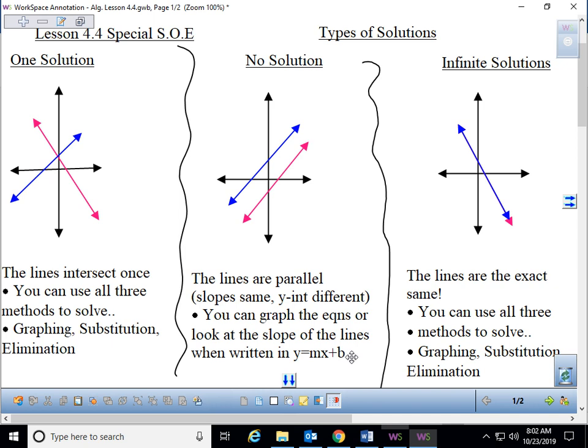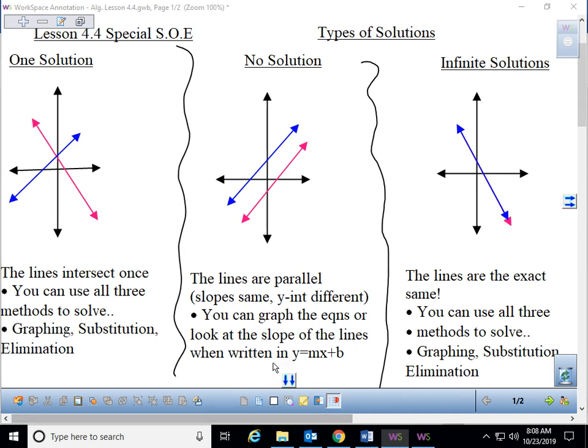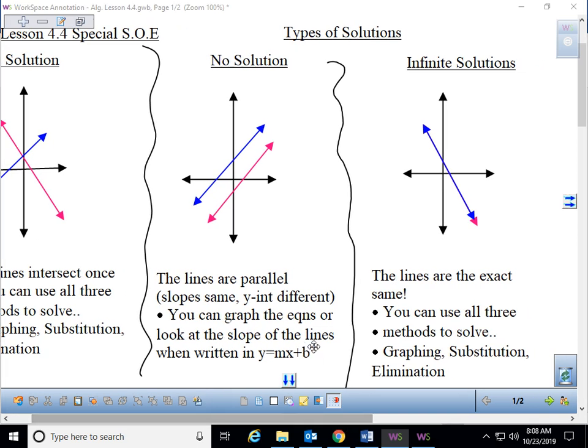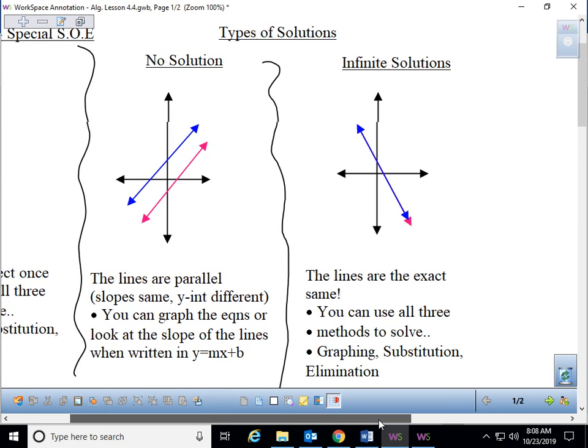So just start off right now. Anytime you see a system of equations, start rewriting them into y equals mx plus b. Because if you like the graphing method, then you have to do that anyway. And if you like substitution, well, one of them has to be rewritten that way anyway. Many ways you can solve this. Most common is just rewriting in slope-intercept and looking at the slopes themselves.